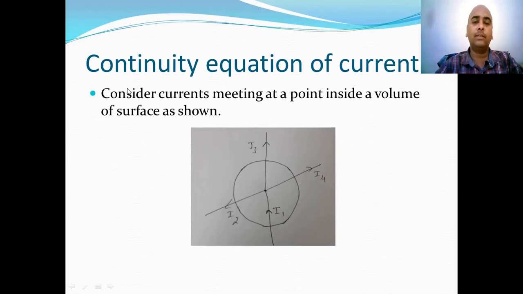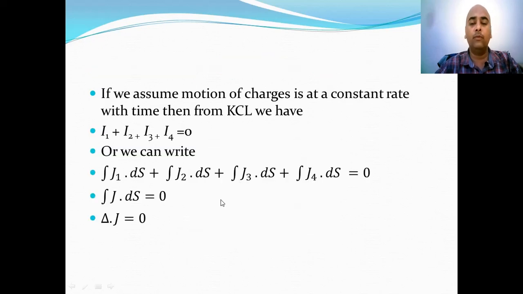Based on this current density, we have to derive the continuity equation of current. Consider there are various currents meeting at a point inside a volume of surface as shown. Some currents are entering the volume and some are leaving the volume. If we assume motion of charges is at a constant rate with time, then from KCL we have I1 plus I2 plus I3 plus I4 equal to 0.